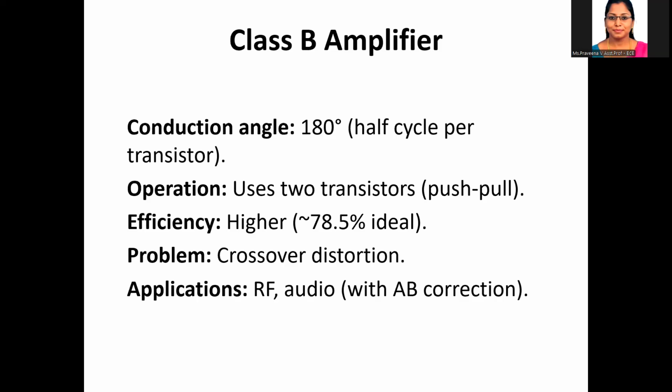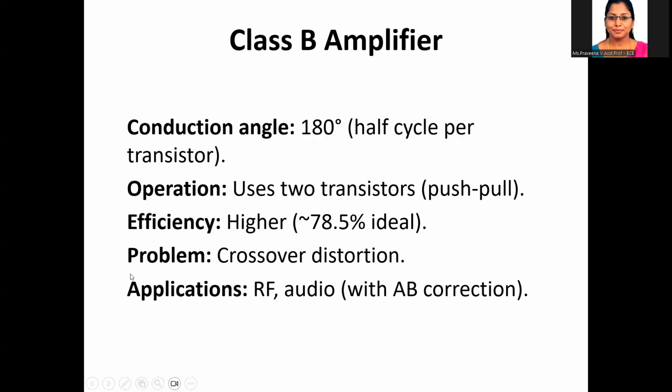Class B amplifier. The Class B amplifier is also a power amplifier in which the transistor conducts for less. Here the Class A amplifier conducts for 360 degrees, while the Class B amplifier conducts for 180 degrees of the input signal. To amplify the complete waveform, two transistors are used in a push-pull configuration, where one transistor amplifies the positive half cycle and the other amplifies the negative half cycle.